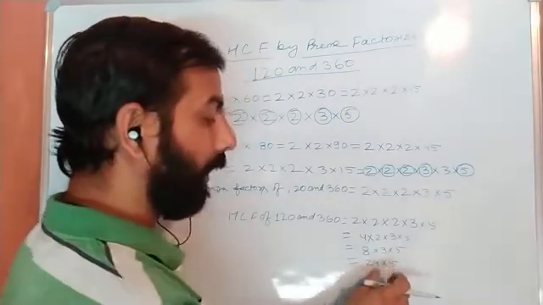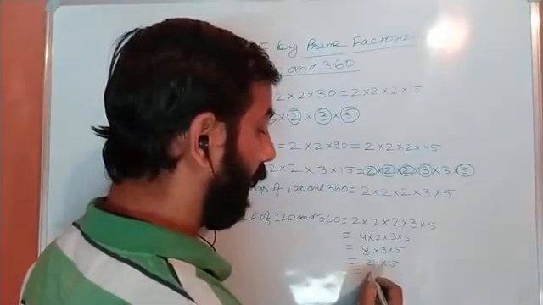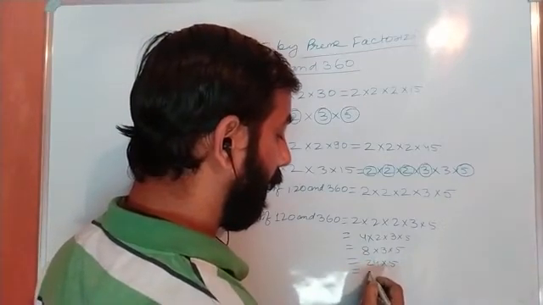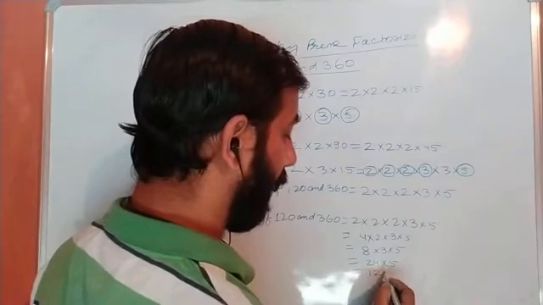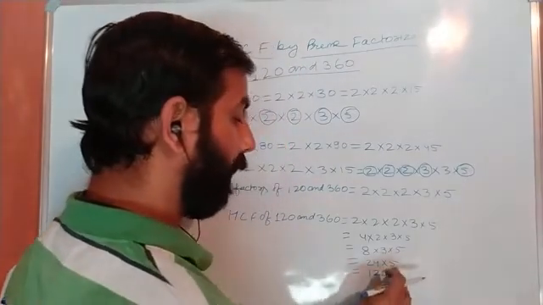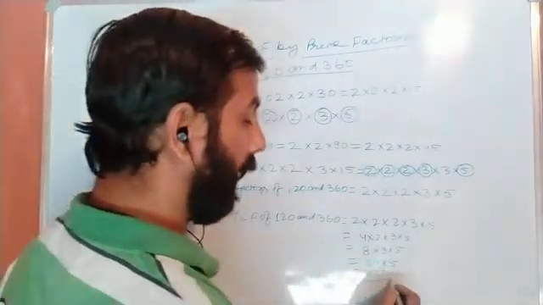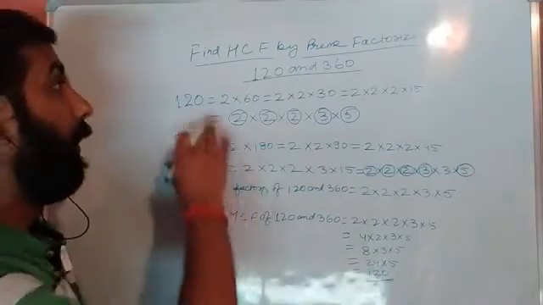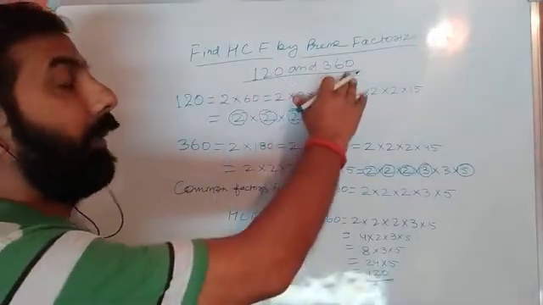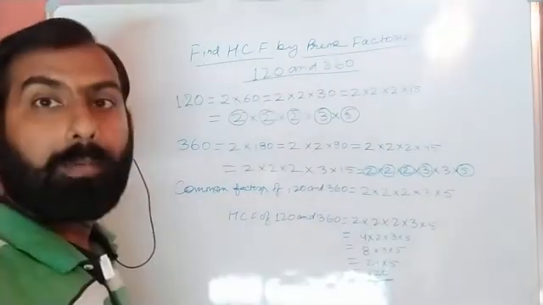Now we will multiply 24 into 5 and we will get the HCF. 5 times 4 is 20, carry 2, and 5 times 2 is 10, plus 2 is 12. So 120 is the HCF of 120 and 360. We have found this by the prime factorization method.